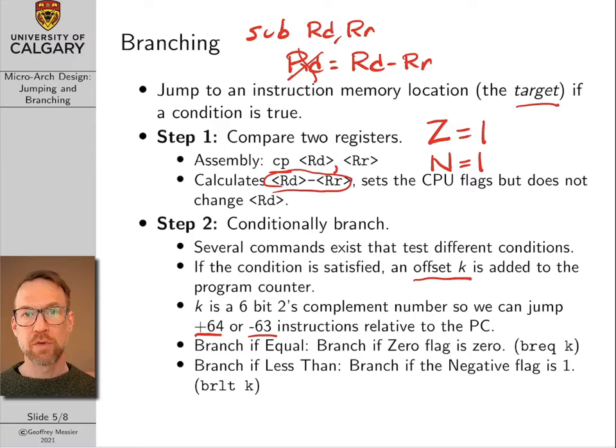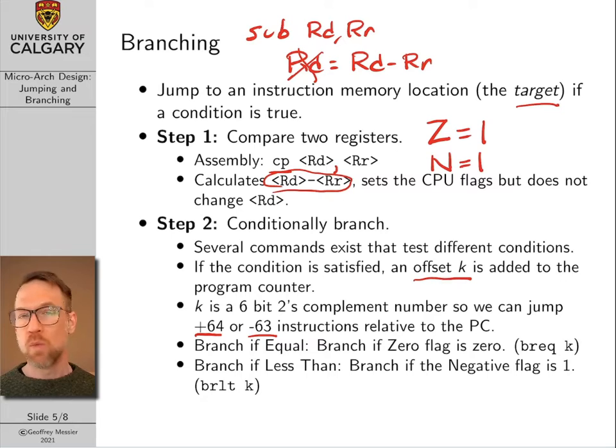So unlike the jump command we talked about in the previous slide, we can't branch anywhere in instruction memory. We can only stay in the same location. But usually that's okay for things like implementing simple loops.